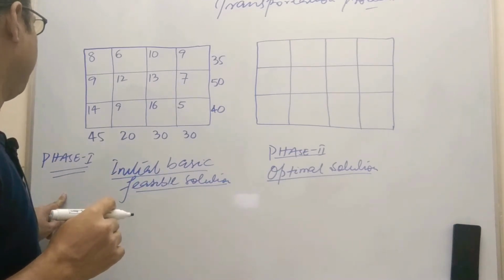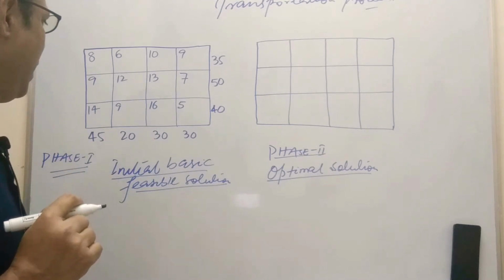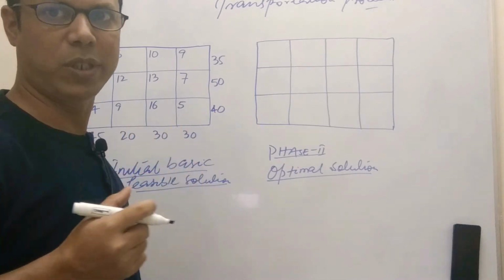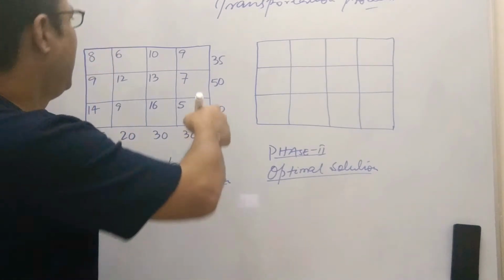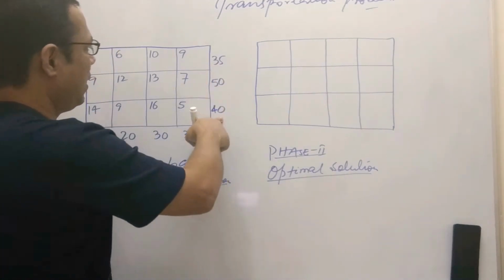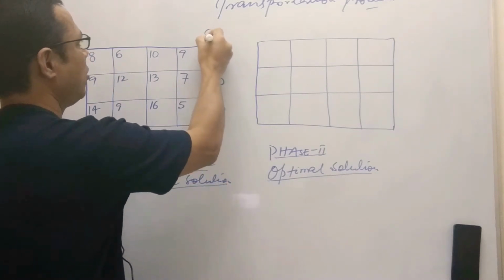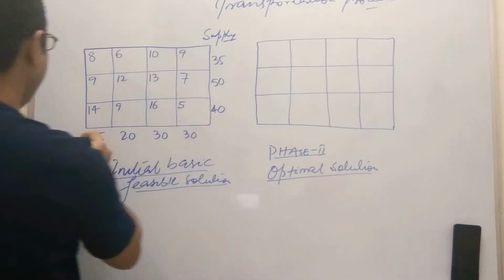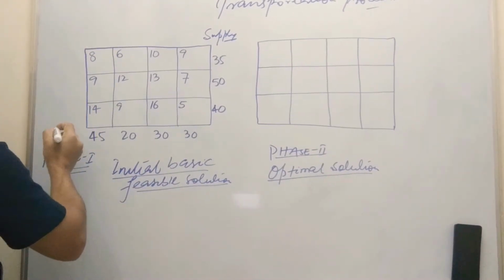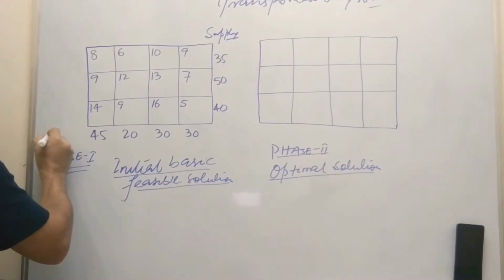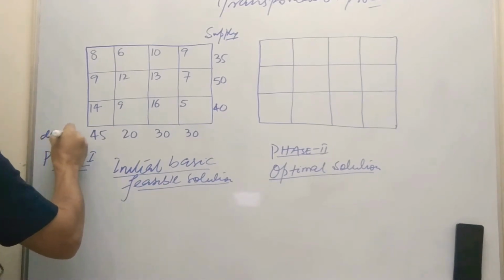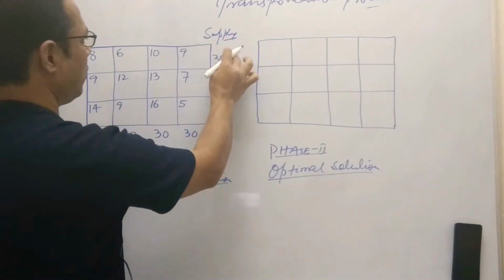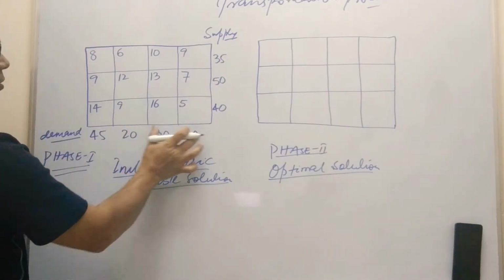So before going to see how to solve the problem, we should come to know some important terms. What are the important terms? The data I have given here, generally this is called supply points, and here this is demand. This is the set of supply points. These are the set of demand points.